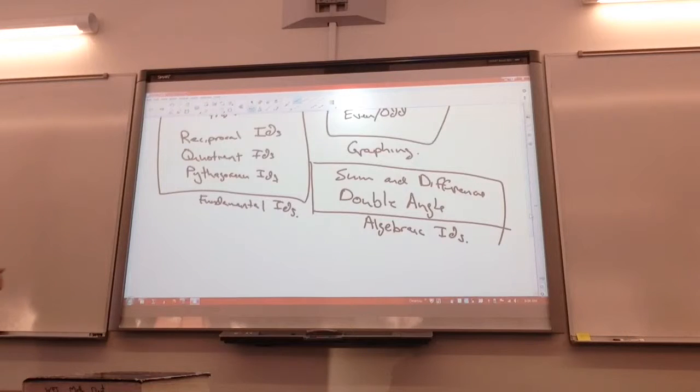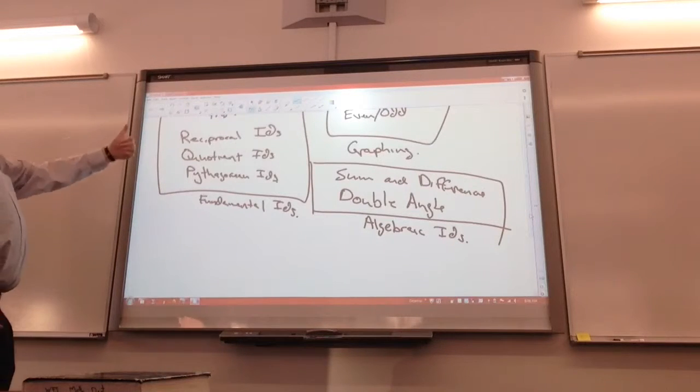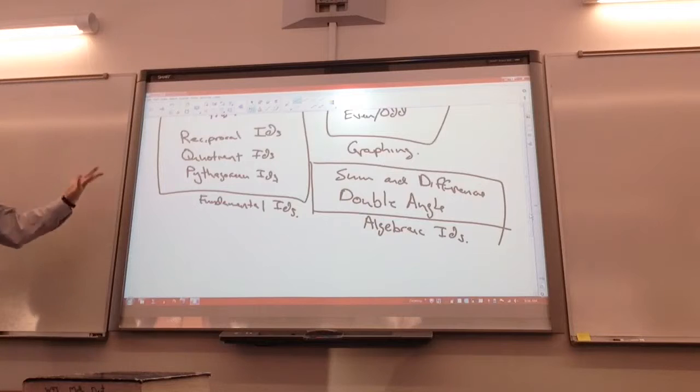So you have your fundamental ideas, which is like the basic definitions, reciprocal, quotient, Pythagorean. You got your ones for graphing, the cofunction, even and odd, and you got some algebraic ones, sum and difference and double angle.